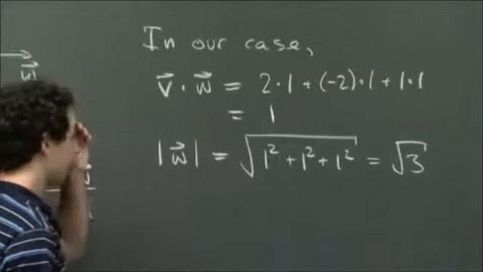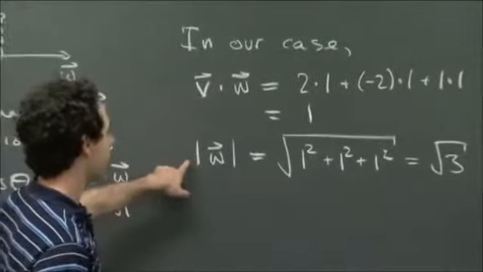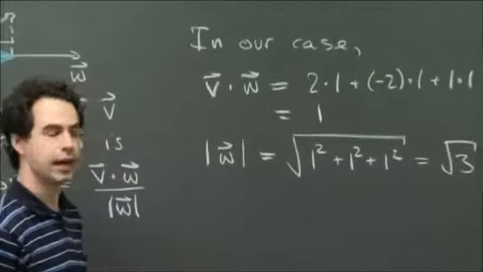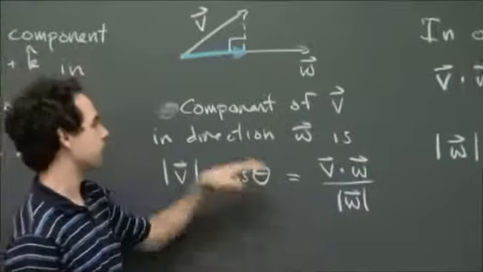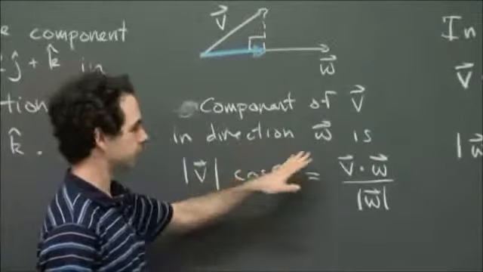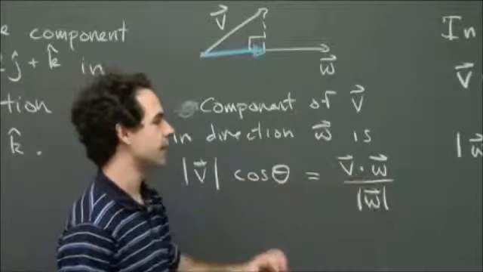So we've got v dot w, and we have the length of w. And so then we just need to put them right into this formula, that the component of v in the direction of w is given by this expression.